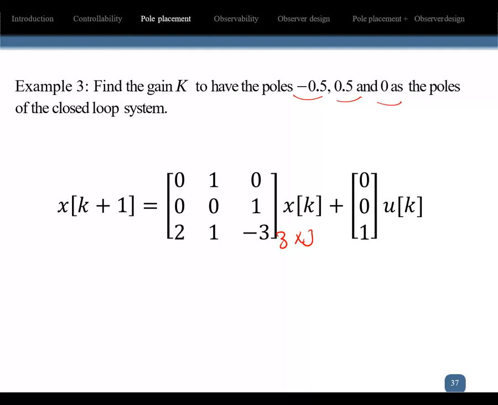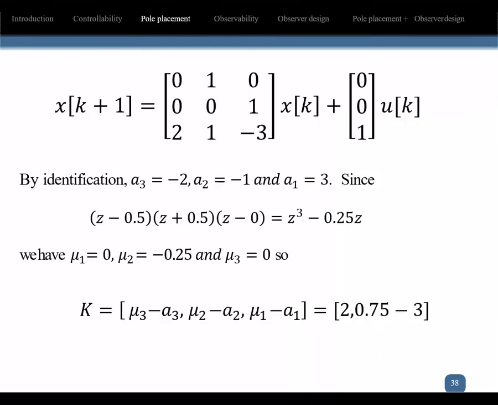One method: you can find the determinant of zI minus J plus HK and set it equal to (z plus 0.5)(z minus 0.5)z, and with these two equations equal together, you can find K1, K2 and K3. Or you can put it in the formula: you define a3 equal to minus 2, a2 equal to minus 1, and a1 is 3.